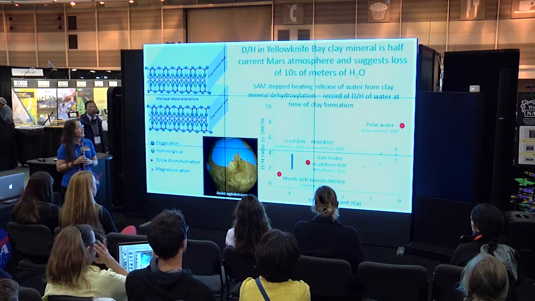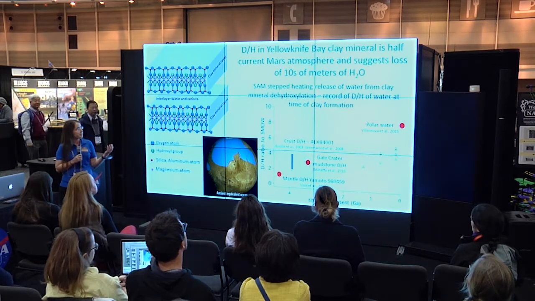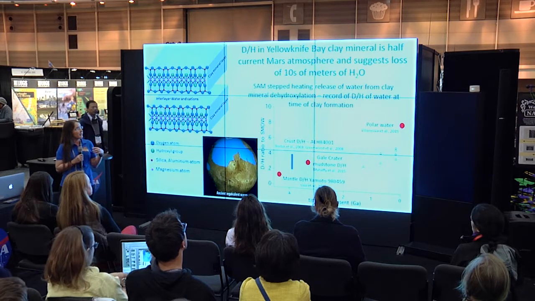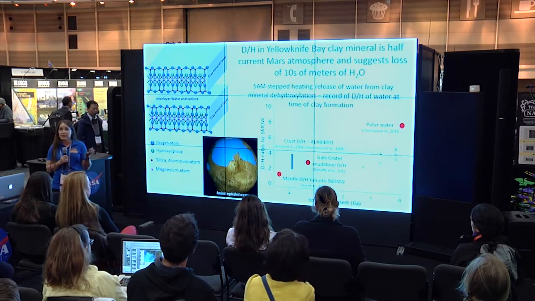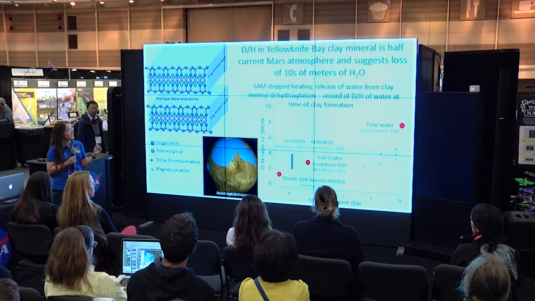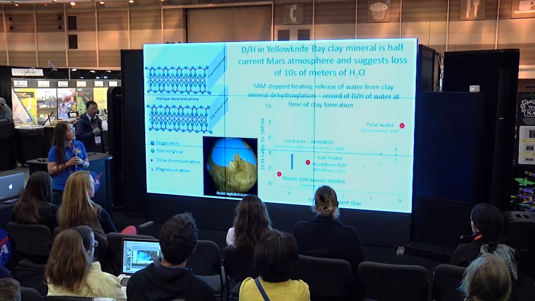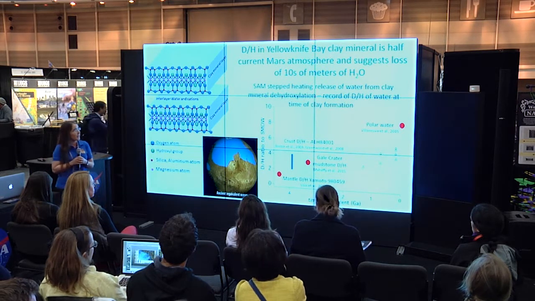Next slide. So in addition to providing information on the volatiles evolved from samples on heating them, data from SAM, in the context of other data, has also enabled constraints on the isotopic composition of these evolved volatiles. So here is an example of a measurement of the deuterium to hydrogen ratio in some water.